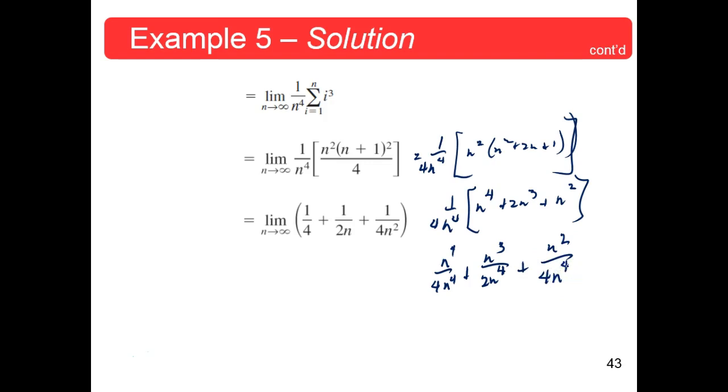When you simplify those, that goes to 1, that goes to 1 over n, this goes to 1 over n squared, these go to 0, and you're left with 1/4.